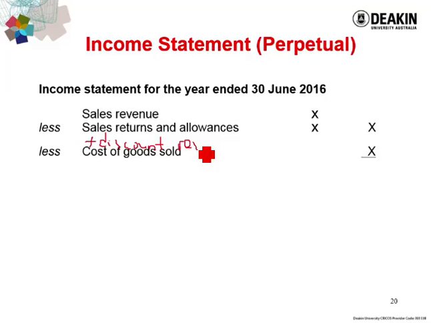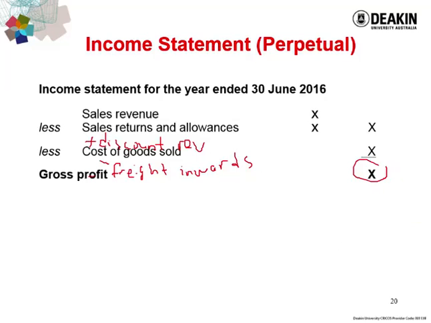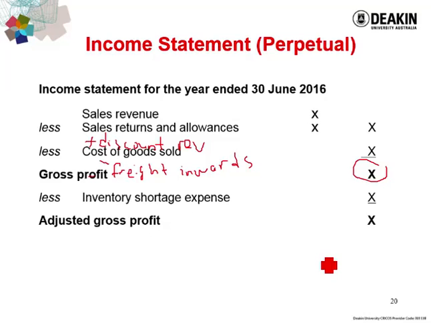And then we will deduct cost of goods sold, and we will also deduct freight inwards if there is any. And this will give us gross profit. And then from gross profit, we will further deduct inventory shortage expense, meaning inventory loss or stock loss, and this will give us adjusted gross profit.